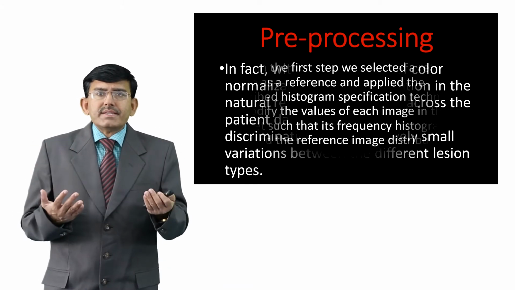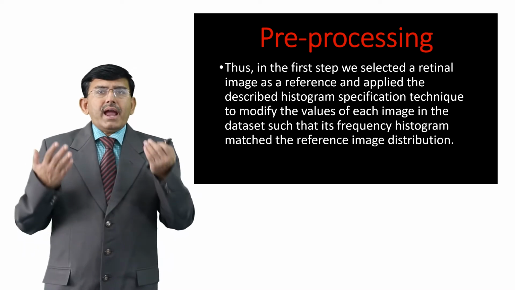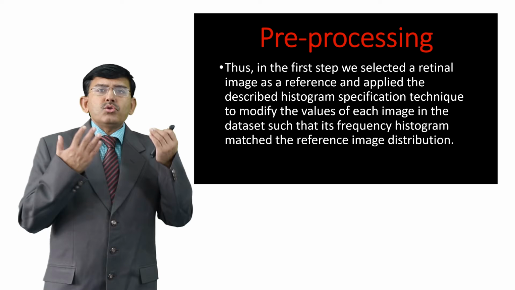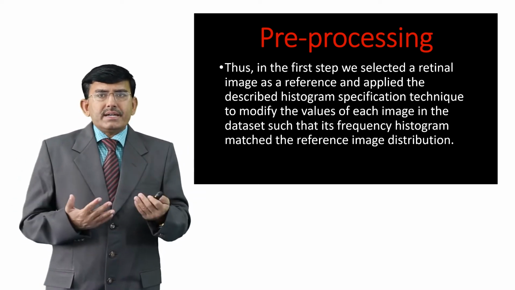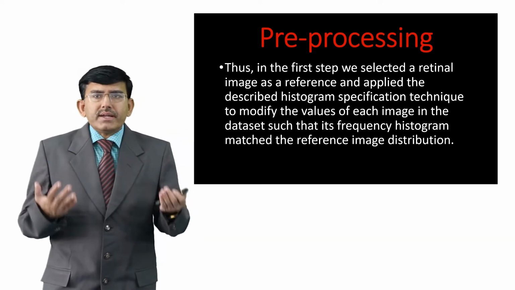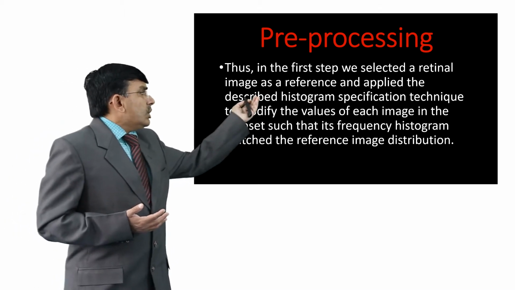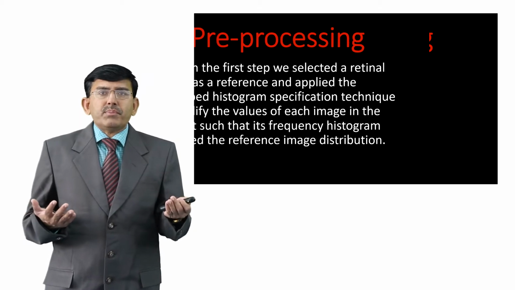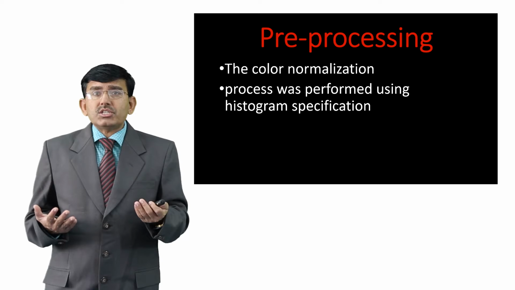Thus, in the first step, we selected a retinal image as a reference and applied the described histogram specification technique to modify the values of each image in the data set such that its frequency histogram matches the reference image distribution. So it will make a normal, uniform distribution among the images. The color normalization process was performed using histogram specification.